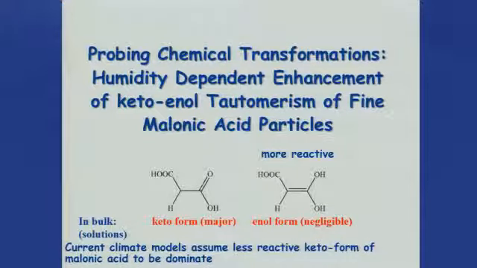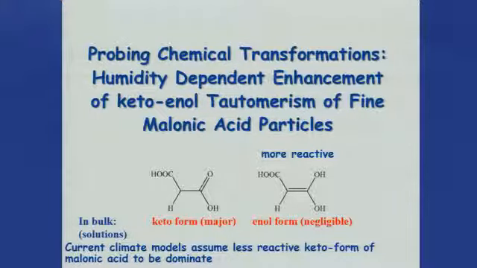So this was one example. And the next, we extended it to something that was a little bit different. This was the example where we looked at the keto-enol tautomerism of fine malonic acid particles. And so we looked at the chemical transformations that occur as a function of relative humidity.